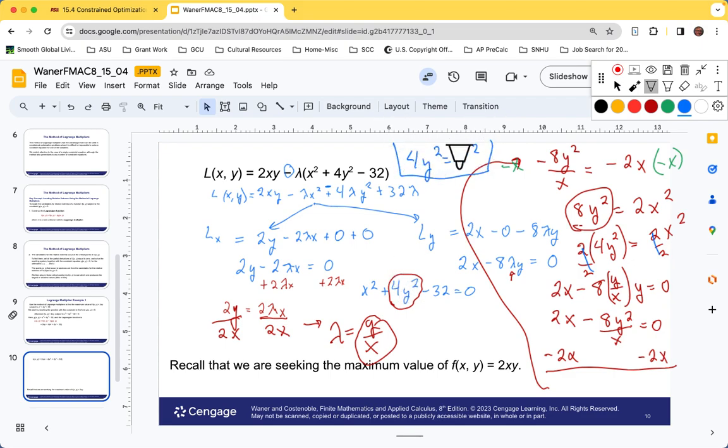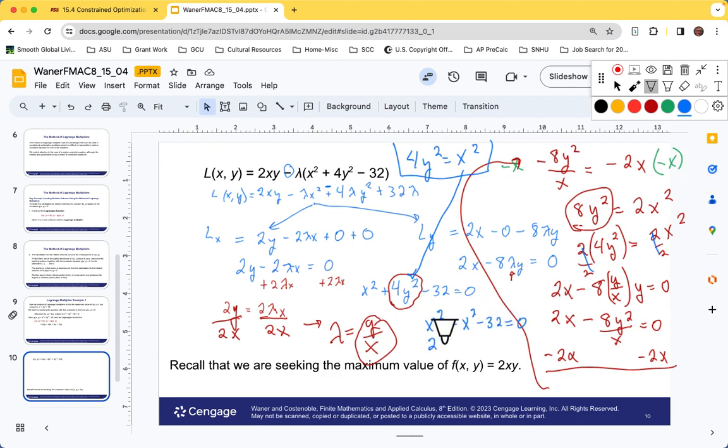That we can substitute into the constraint function. The constraint is correct: plus x squared minus 32 equals 0.